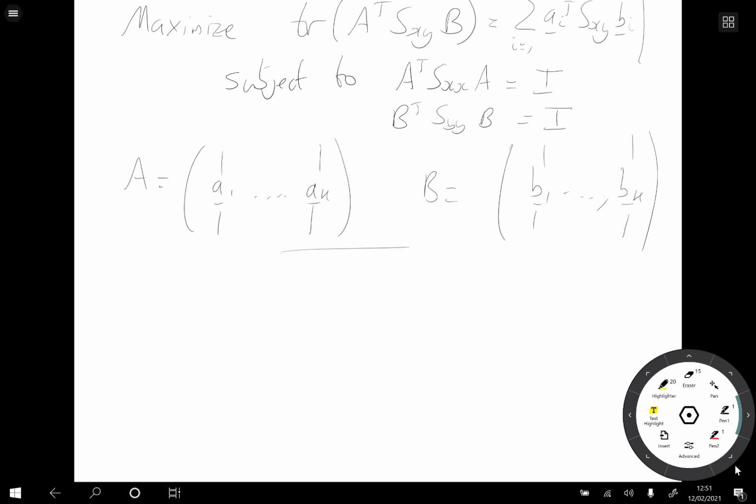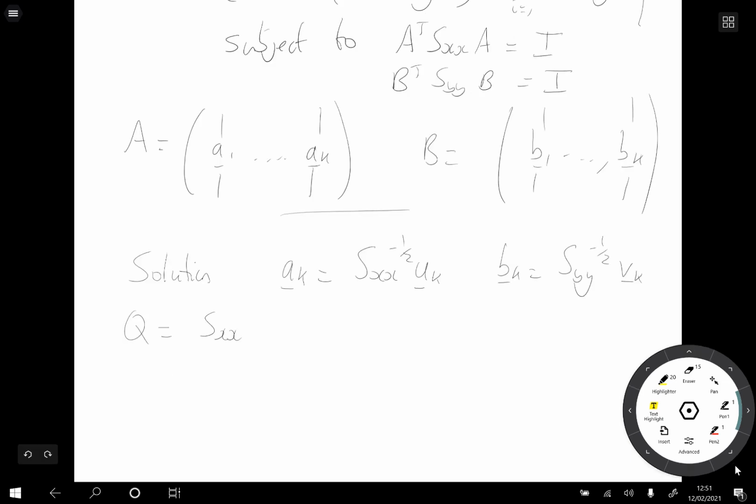And the solution we're going to find is that we must take A_k to be S_xx to the minus a half u_k, and B_k to be S_yy to the minus a half v_k, where Q is S_xx to the minus a half S_xy S_yy to the minus a half, which in its singular value decomposition we're going to write as the sum of sigma_i u_i v_i transposed.